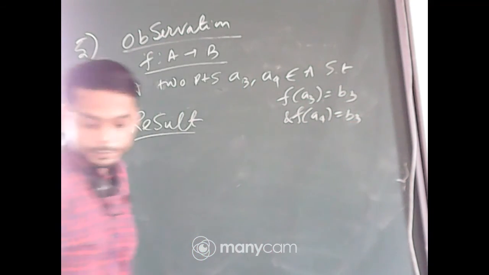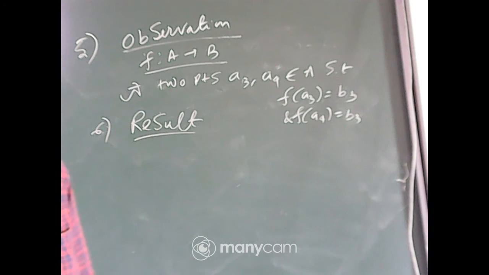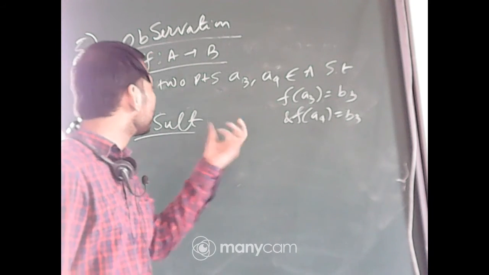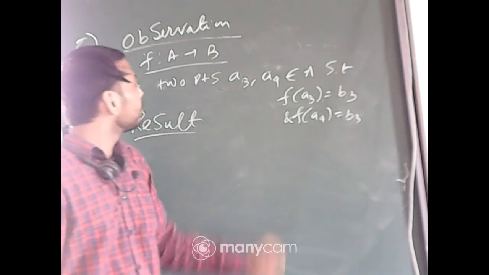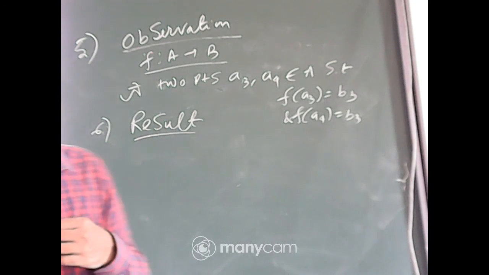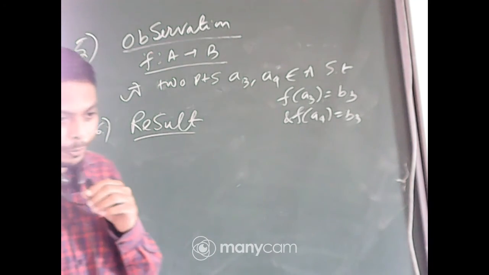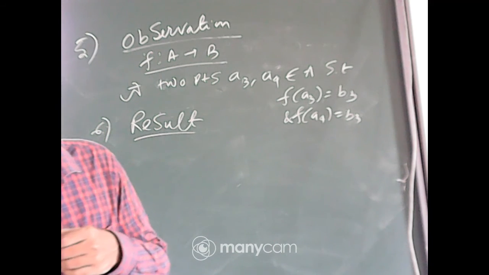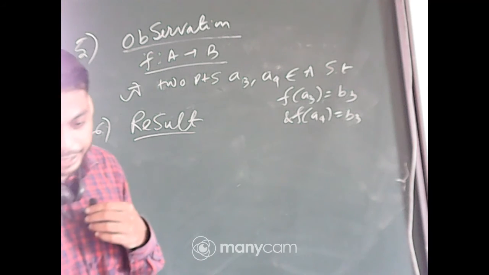So both of them go to b3. This is the observation which shows that the function is not 1-1. And another observation is that it covers all the points of B. That means each element of B has a pre-image in A.